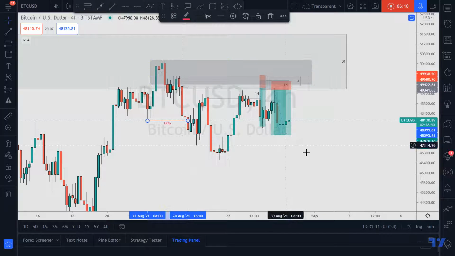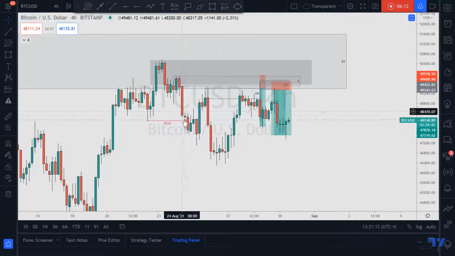Once you break structure, all you do is wait for price to go back and retest the impulse, a return to impulse. What am I talking about? You just check this leg, the impulse leg that broke structure. You want to check this leg to see where is the last order block that price will come back and retest. There's your order block right there.